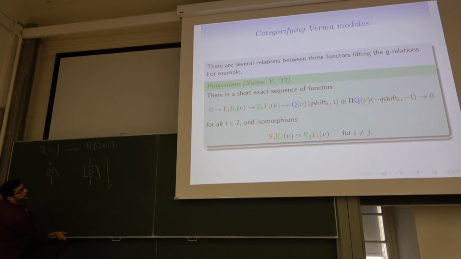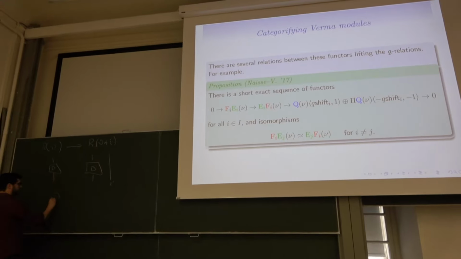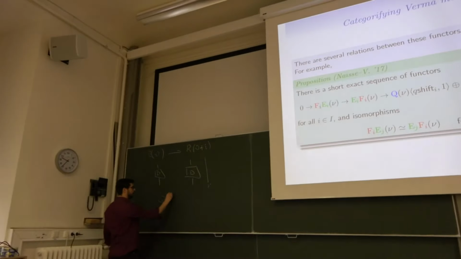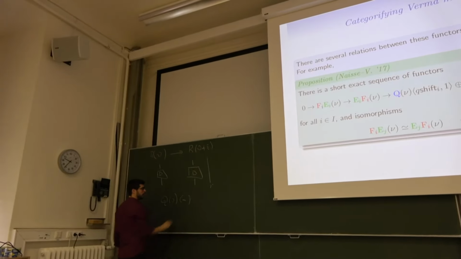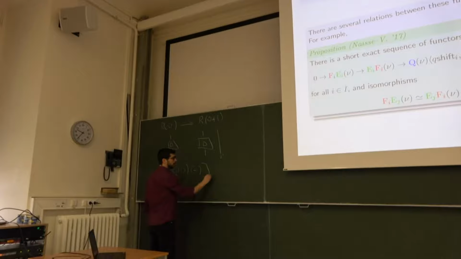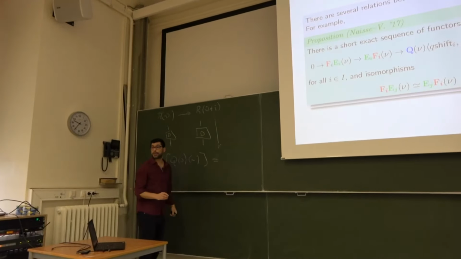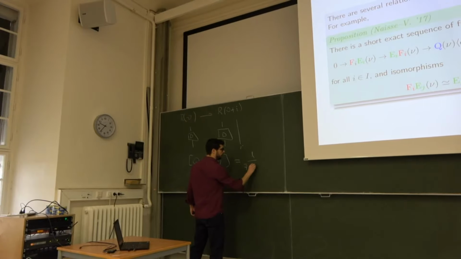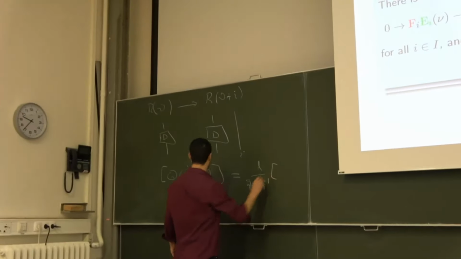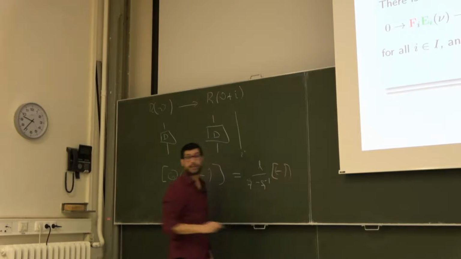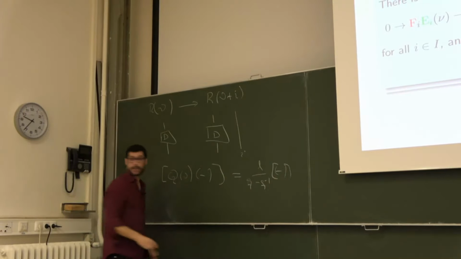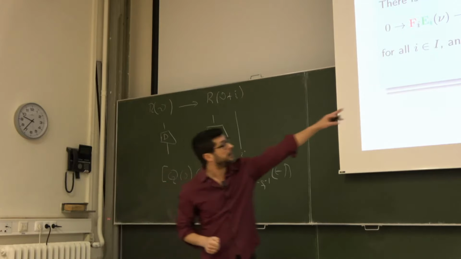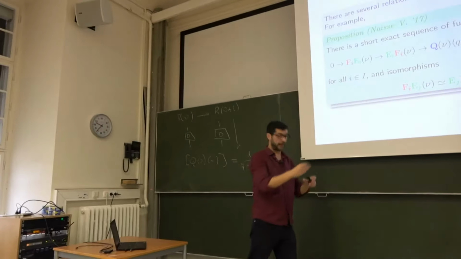we have Q of nu applied to something would correspond to multiplication by 1 over q minus q inverse of this, roughly. There's some nu there which just means on which weight space you're acting.